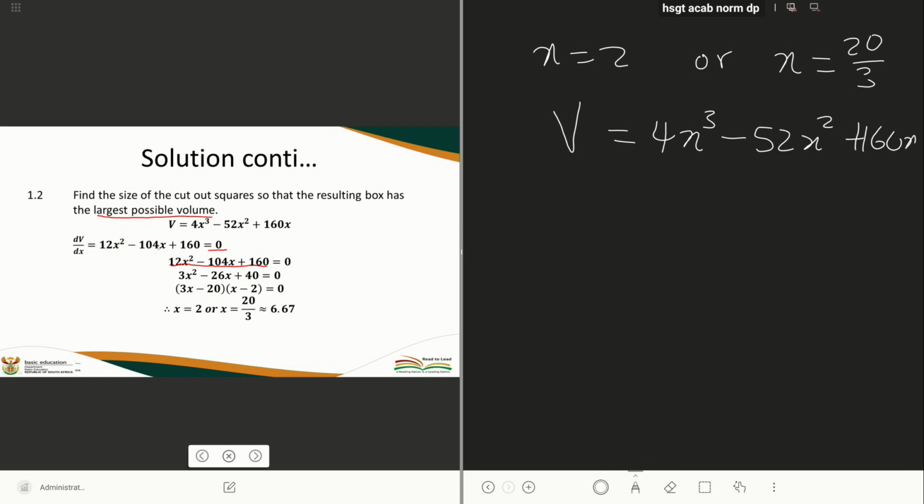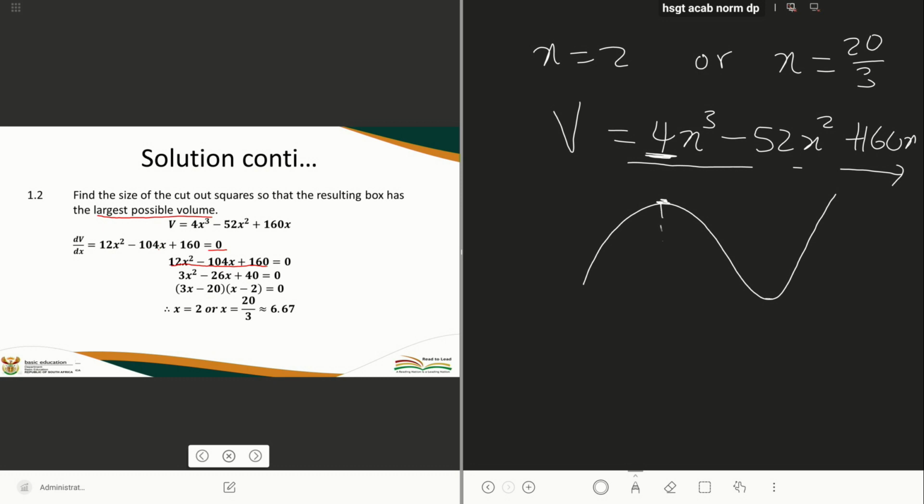From your time drawing cubic functions, you'll agree with me that this expression represents a cubic function, and your a is positive. So we have a cubic curve like that one. There is your maximum and there is your minimum.